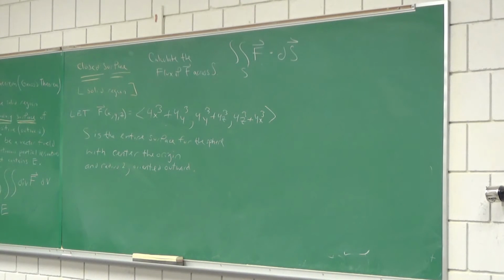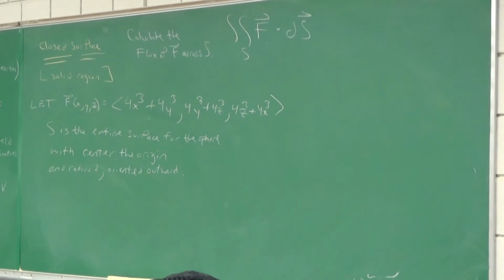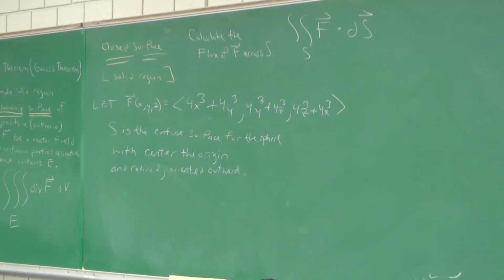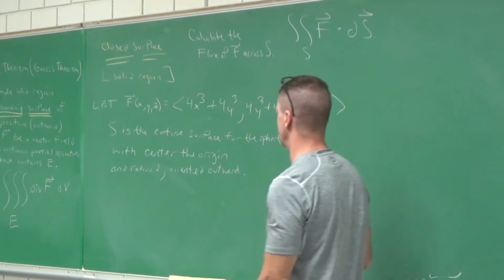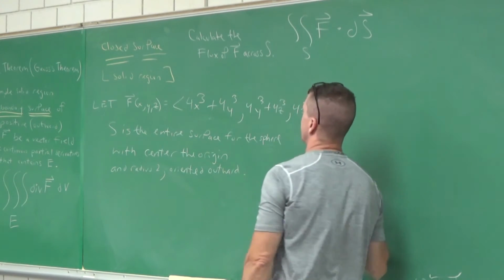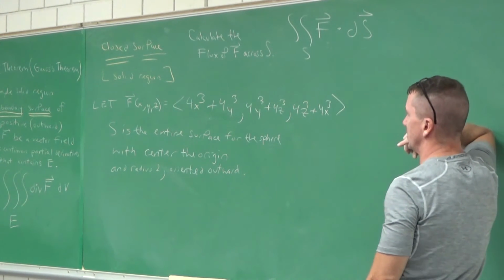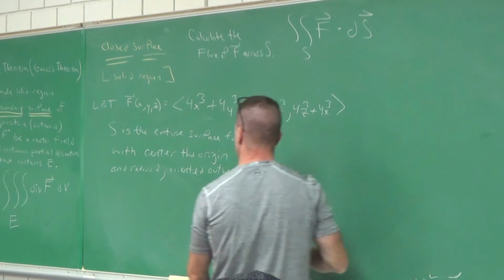Let's do this. Let's imagine doing this like in section 16.7. We'd have to parameterize the surface we're talking about, which isn't so easy, which is the sphere. That would be a pain, but let's draw a picture of this.